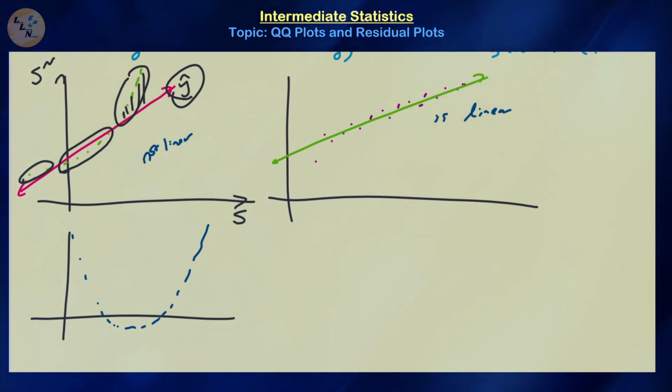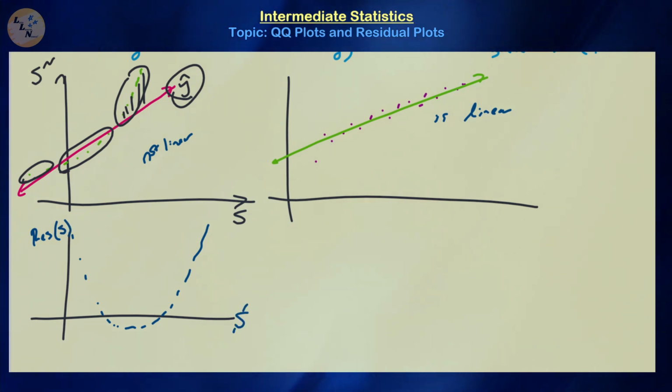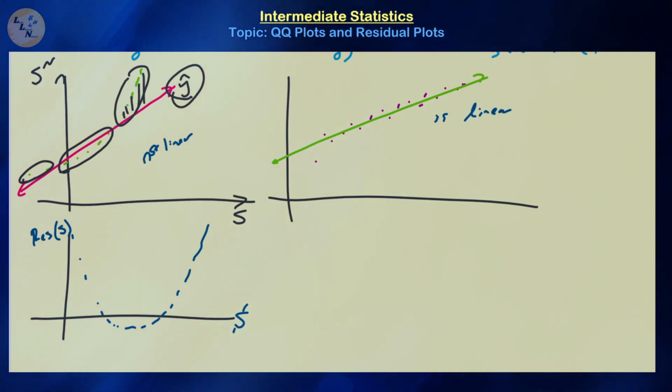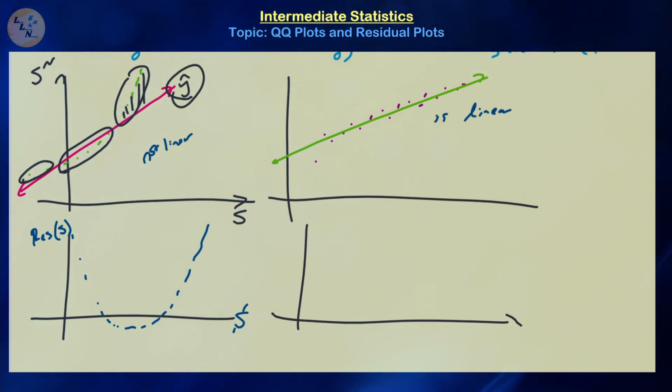So every time you look at the residual plot, this is the residuals of S versus S, where the residuals are from the line of best fit generated from the normal quantile-quantile plot, if it appears to be nonlinear or non-random, then that is going to imply that the data set actually is not coming from a normally distributed data set.